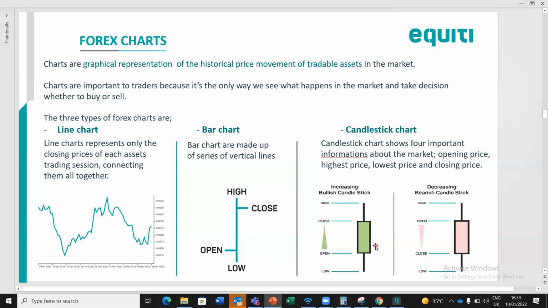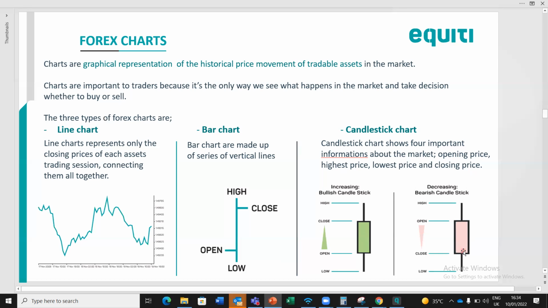All right, as much as we have been talking about buy and sell, we have the buyers in the market, and we also have those people who sell off in the market. So when the buyers are in control of the market, we have what we call the bullish candle. I'm going to explain that very shortly. This is the bullish candle, this is a buyer's candle. And this is the bearish candle, or more or less we could call it the seller's candle.